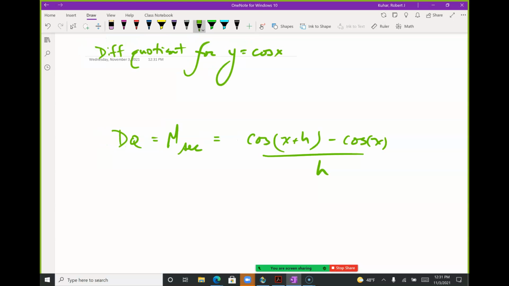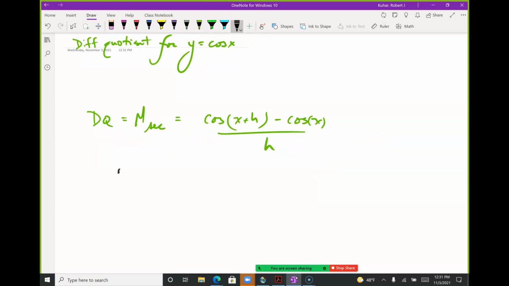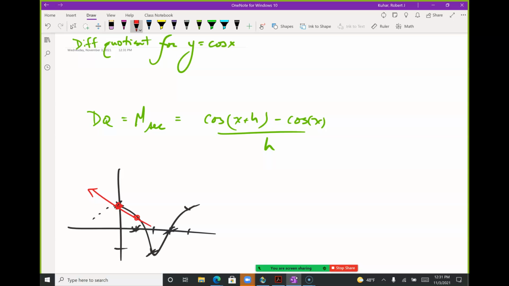And if I actually wanted the cosine curve at 0 and then some other point like that, I could look at my m sub sec of 0 comma h as what?